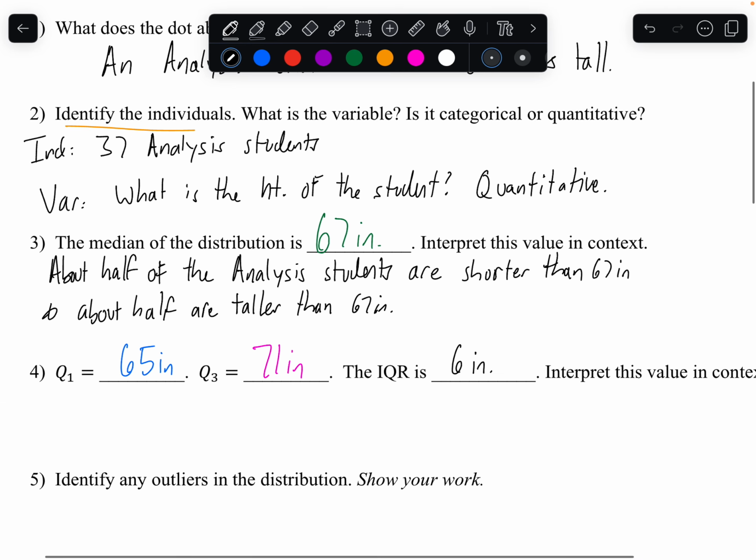Interpreting that value in context. So the IQR interpretation: it's the range of the middle half of the data, but we don't say data. The data is the context. So the range of the middle half of the heights of analysis students, or analysis students' heights, is 6 inches. Or the middle half of the heights of analysis students has a range of 6 inches. But again, say something about the range of the middle half, including the context that this is talking about heights of analysis students, and then of course the 6 is what I'm looking for here.